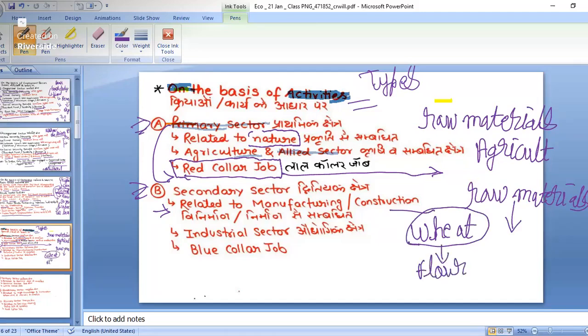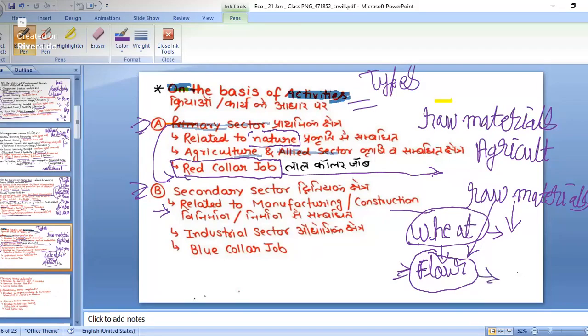The wheat comes under the primary sector. And all those persons who are providing services for making this wheat into flour, they are using raw material for manufacturing something.